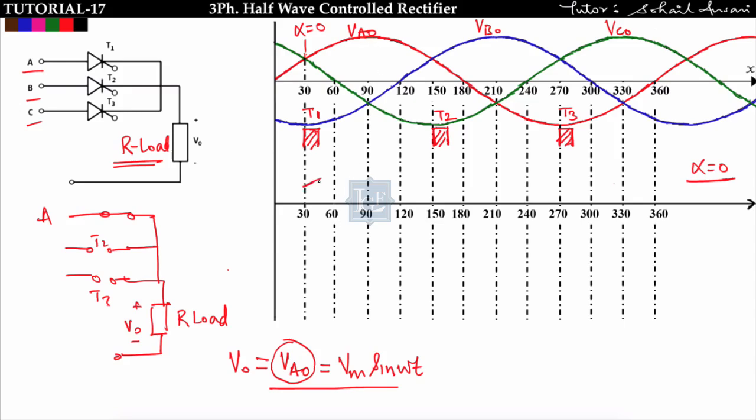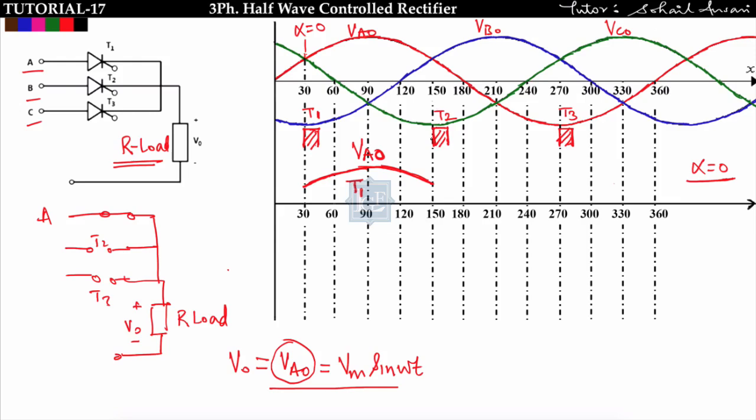So it will follow like this, same as VA0. It will be maximum at 90 and again it will be like this at 150. So it will be the output voltage waveform from 30 to 150. I will get waveform that is equal to VA0. This is VA0 and in this case which thyristor is conducting? Thyristor T1 is conducting.